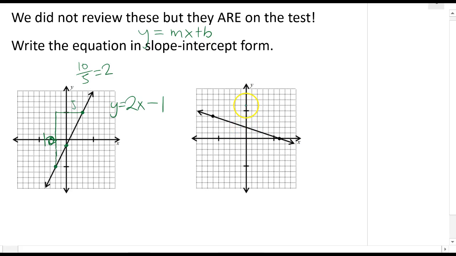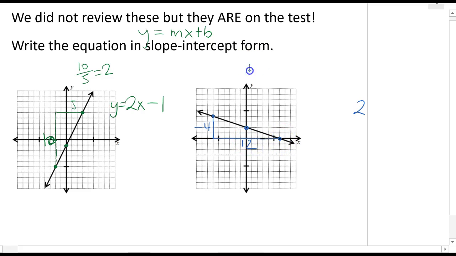Okay, again here, do the same thing. First, look for the obvious, the easy one, which is the y-intercept, which is positive 2. And then going from this point to this point, in order to do that, I have to go down first. And if I go down, that means it's going to be negative, so negative 4. And then I go over from negative 6 all the way to positive 6, and that's a run of 12.